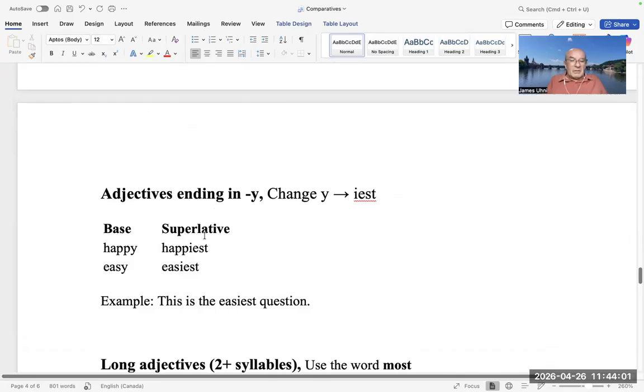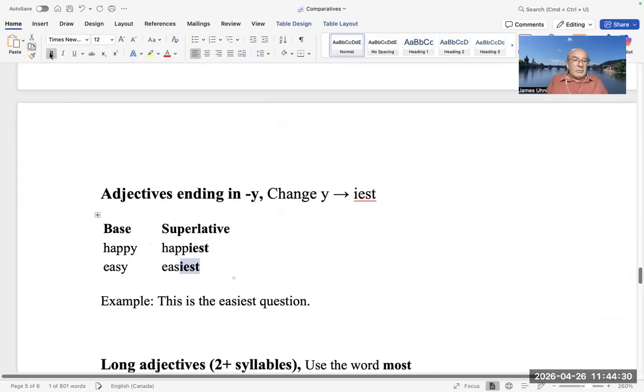Then we have adjectives ending in Y. Again, it is change Y into IEST, and Y is vowel. Happy, happiest. Easy, easiest.